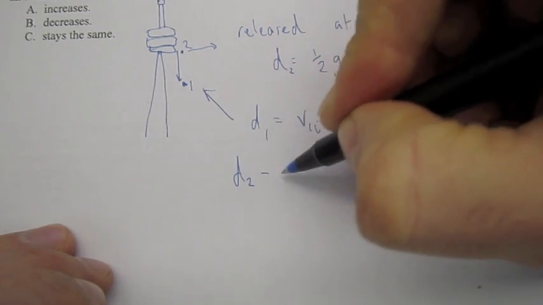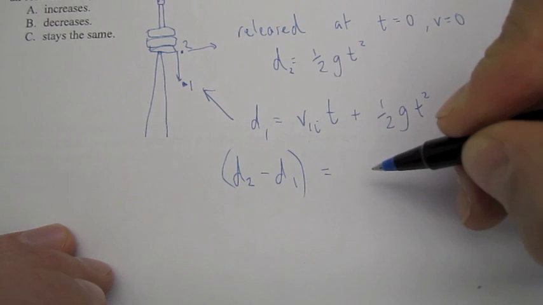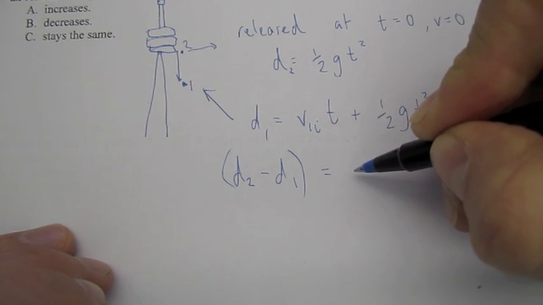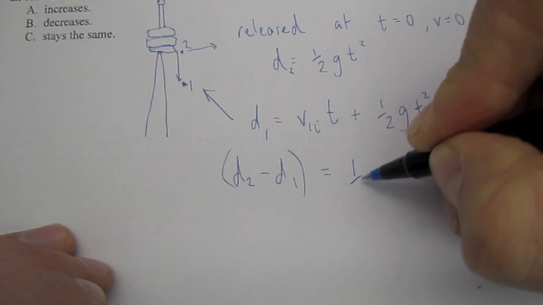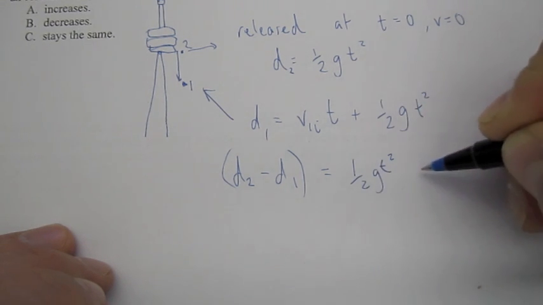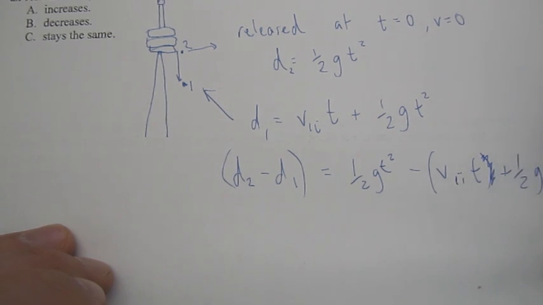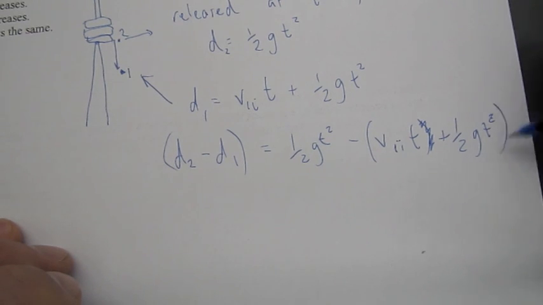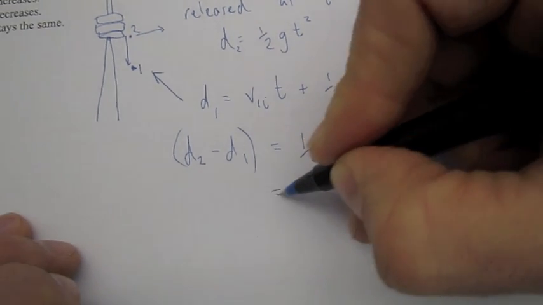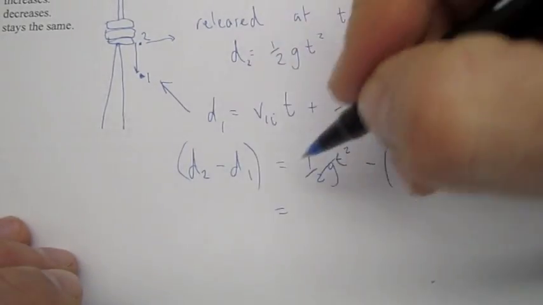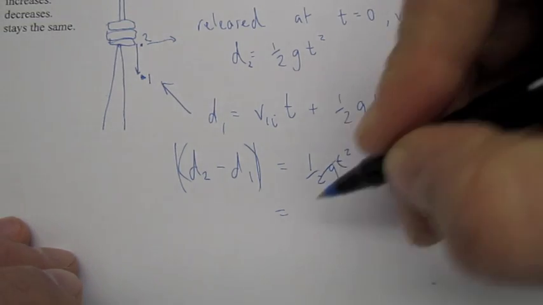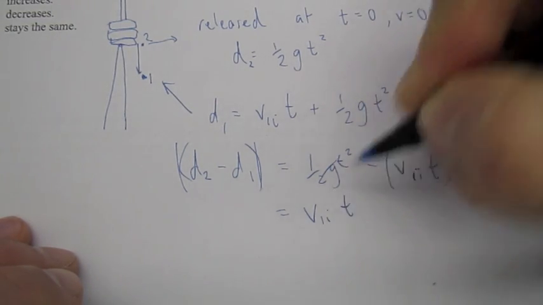And so d2 minus d1, the distance between them, is going to be 1/2 g t squared minus v1 initial t plus 1/2 g t squared. Oops. Okay, so these will cancel, and the absolute value of the distance between them, I should say d1 minus d2, is equal to v1 initial times t.